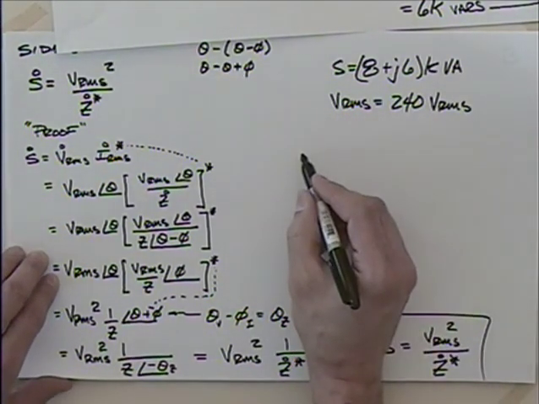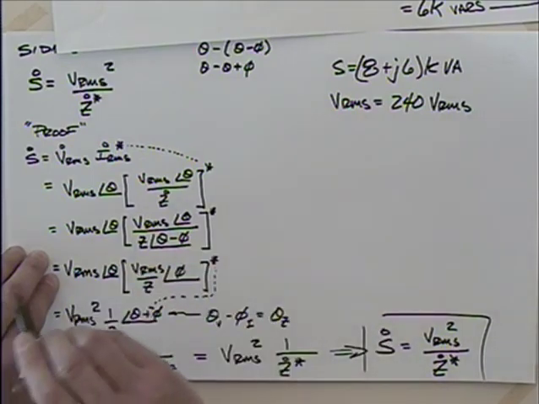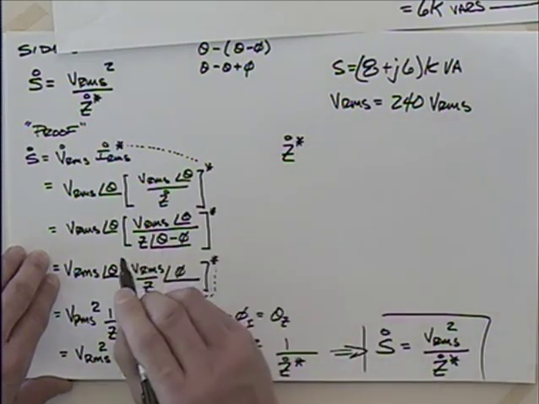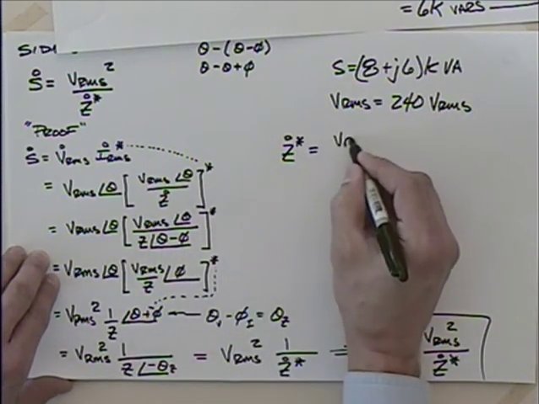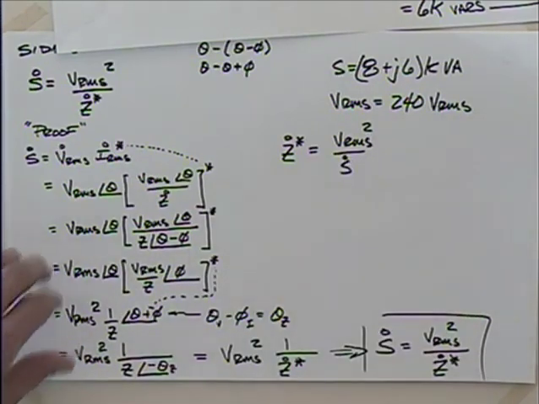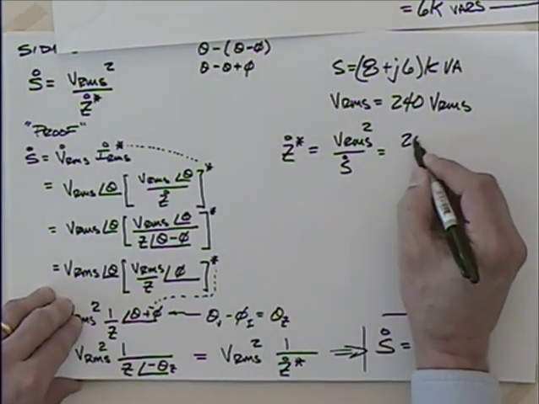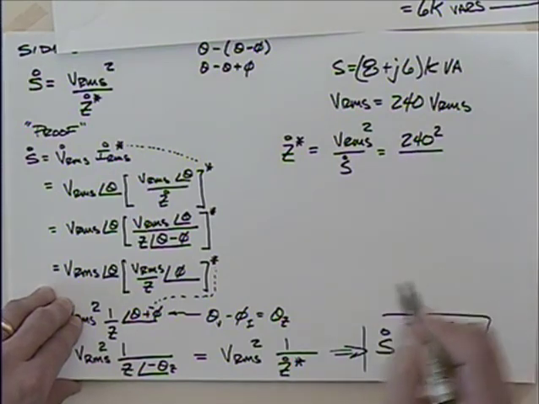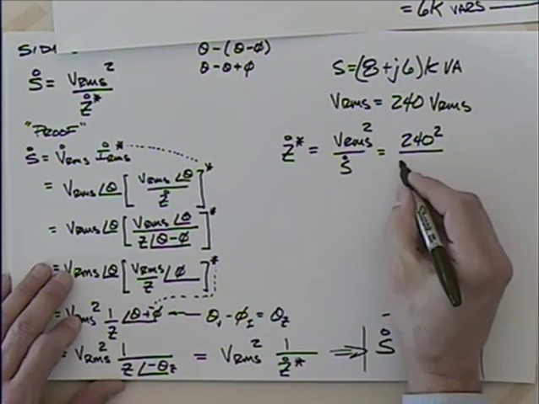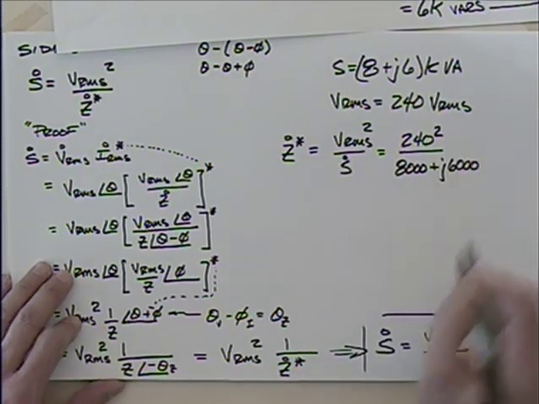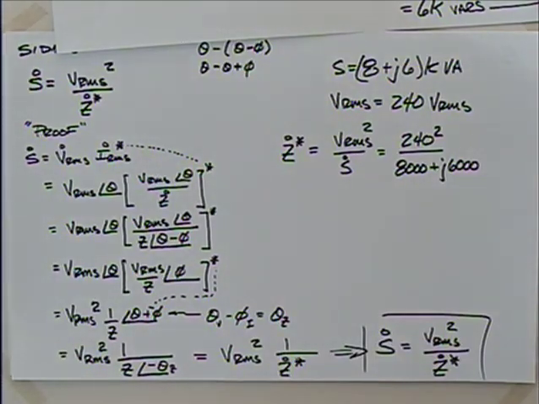So we can say then that the impedance Z, or I should say Z conjugate, would be equal to V RMS squared divided by S. Just rearranging that expression. So I've got 240 squared divided by what I'm going to have for S, 8,000 plus J 6,000. Remember I had K values, so I'll put those thousands in there.